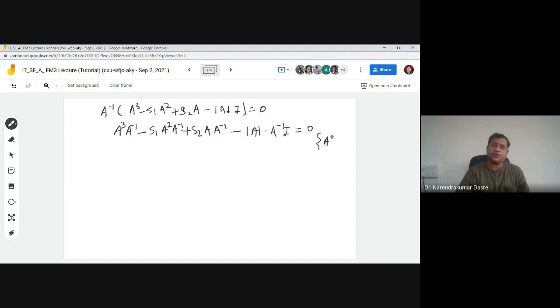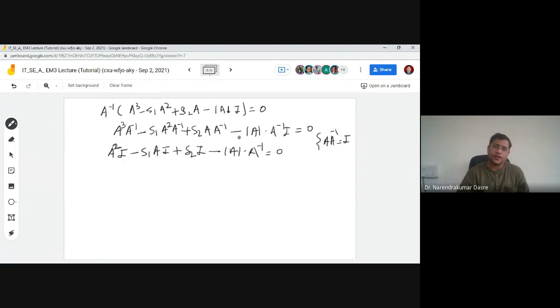What we know is A into A inverse is equal to identity. So here you get A square into identity minus S1 A into identity plus S2 times identity minus determinant of A times A inverse, and this is equal to 0.